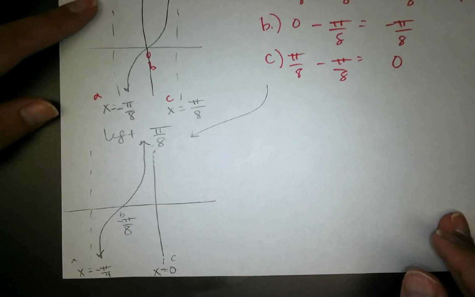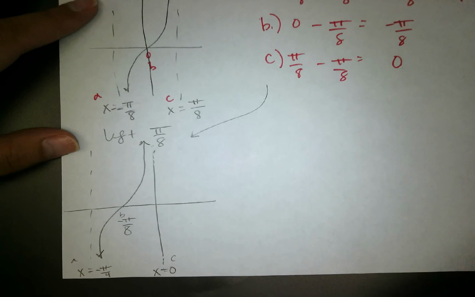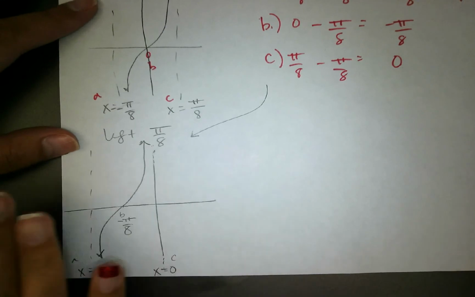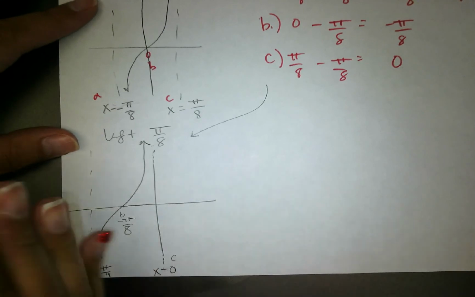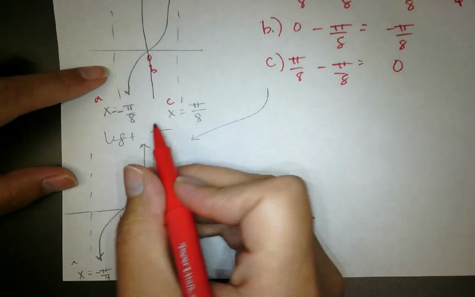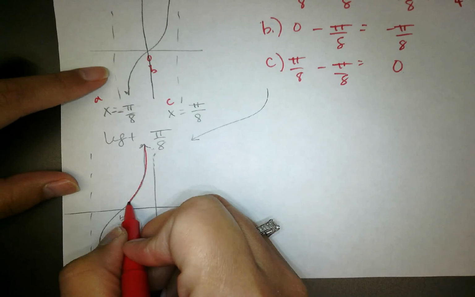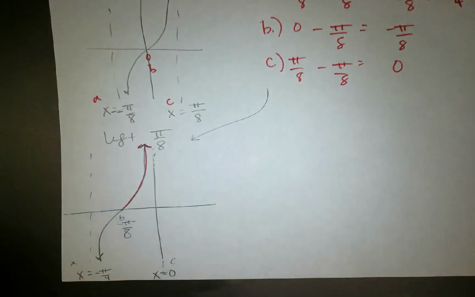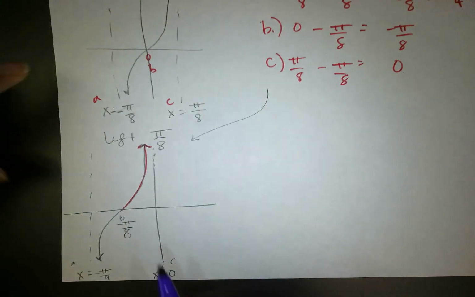Alright, now we're going to flip it left to right. So we're going to take this whole graph and flip it over the y-axis, over to the right. Two different colors for you.